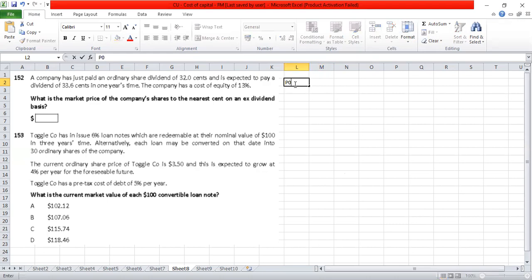If we are finding out the present market value, P0 is equal to, what do we write? We write D1, that is the dividend at the end of the period.